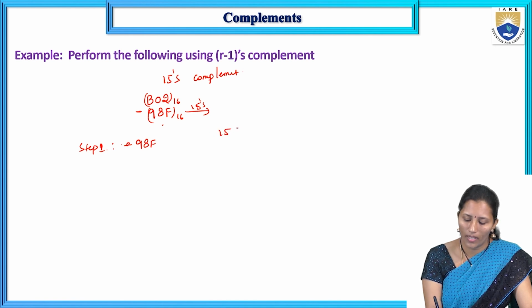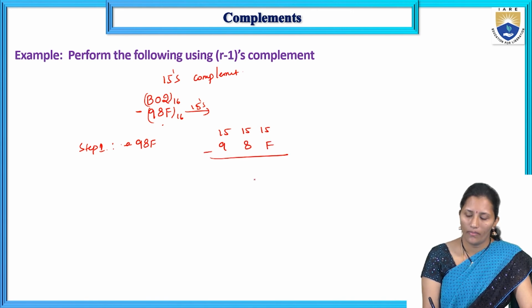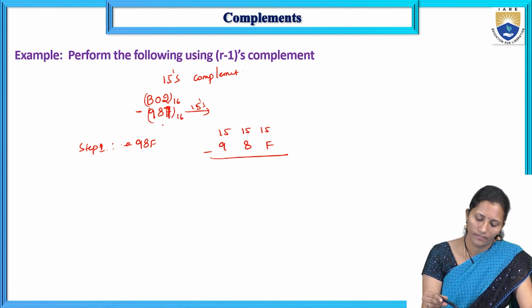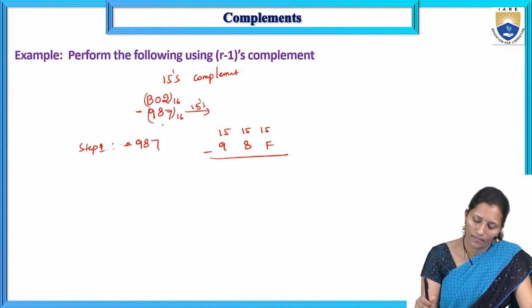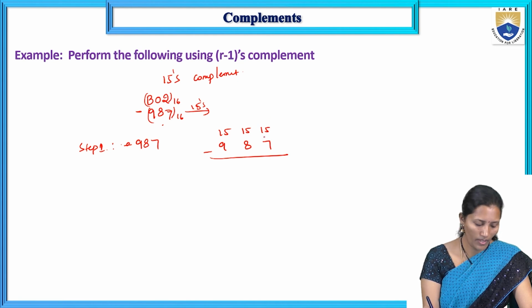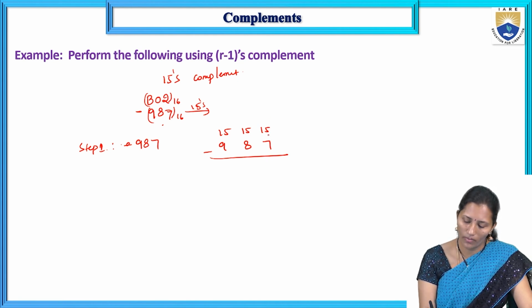In that, we first subtract each digit from 15. 15 minus F is 0, and 15 minus 8 is 7.